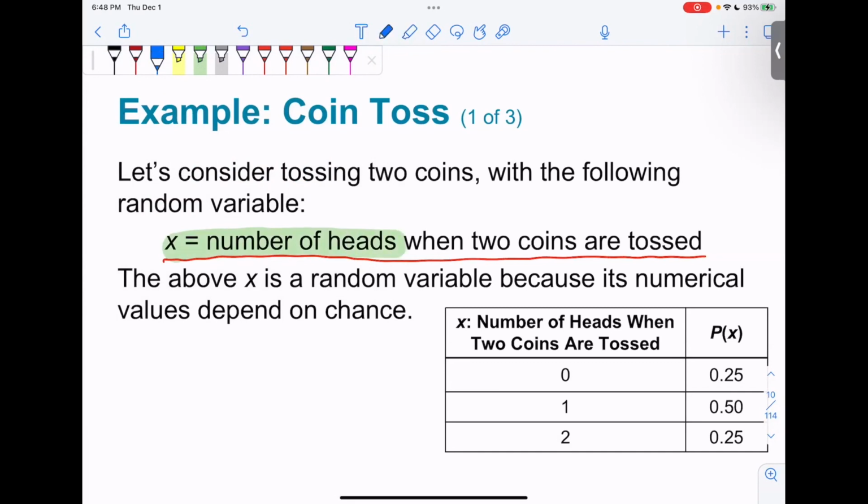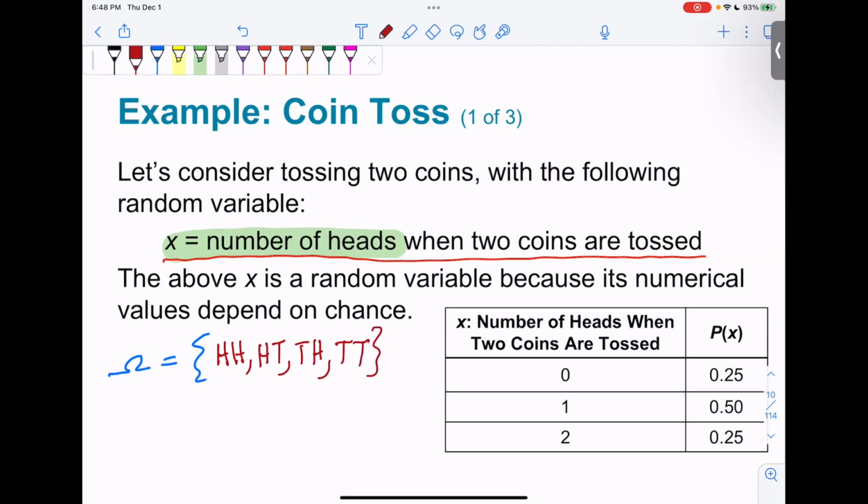So can you tell me, if we have 2 coins, what outcomes we'll get? Head head, head tails, tail head, and then tail tail, right? So these are our 4 outcomes.